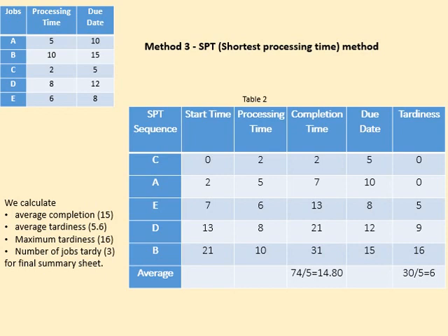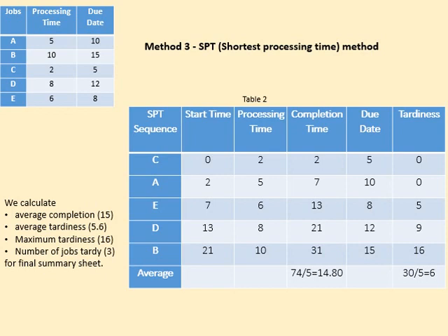Similarly, the next job E starts on the 7th day, when job A is finished, takes 6 days to process and finishes on the 13th day. Since the due date is the 8th day, the tardiness is 5 days. Similarly we assign job D and then job B.